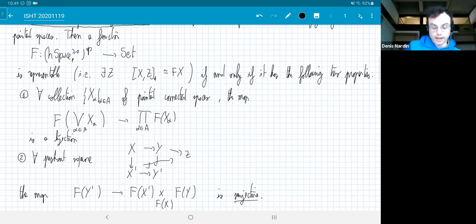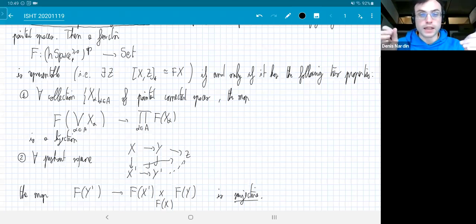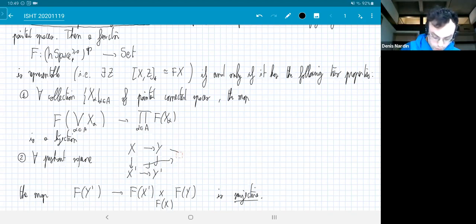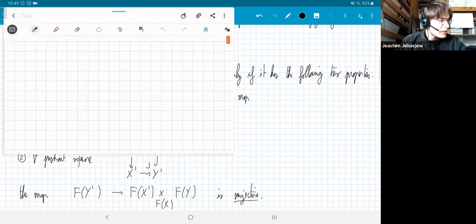But you actually know that a map from Y prime to Z is a pair of such maps plus a homotopy. So it's surjective because the fact that these two maps are homotopic means that a homotopy exists, but there might be more than one choice. So the map is not injective. Okay, great, thank you.